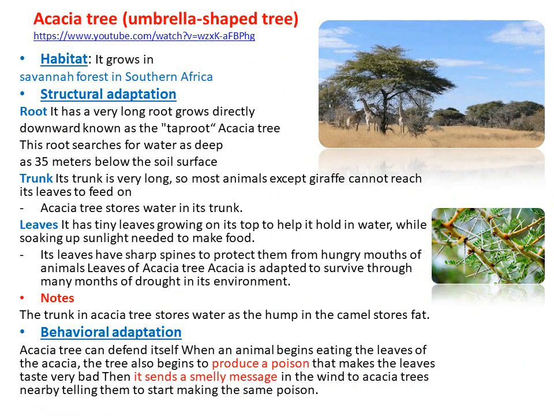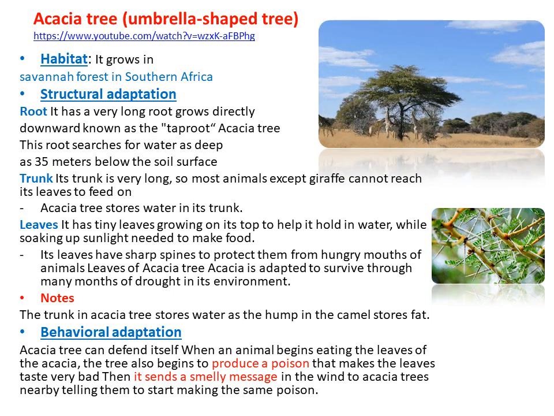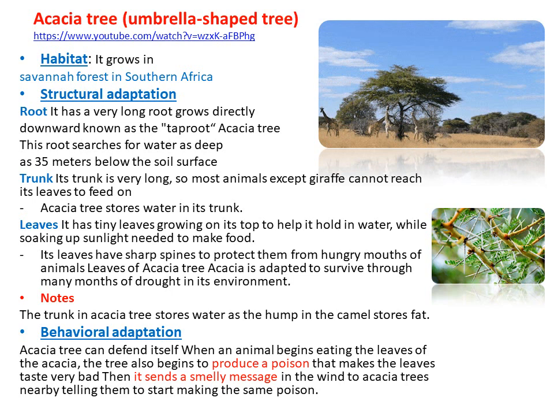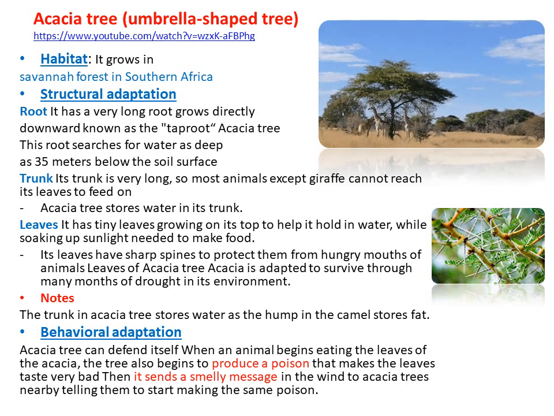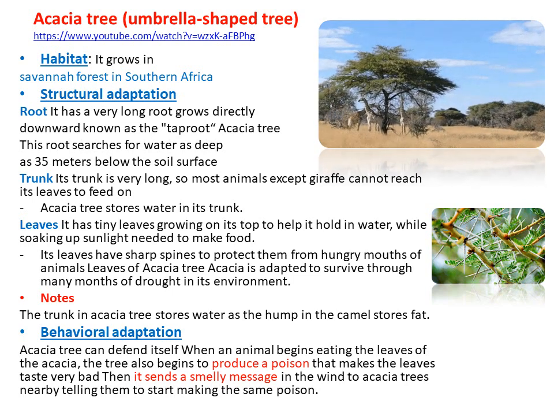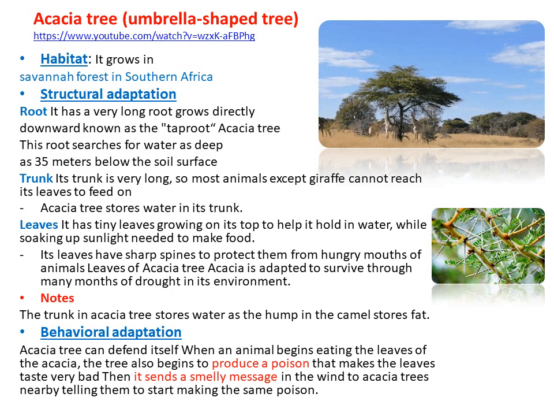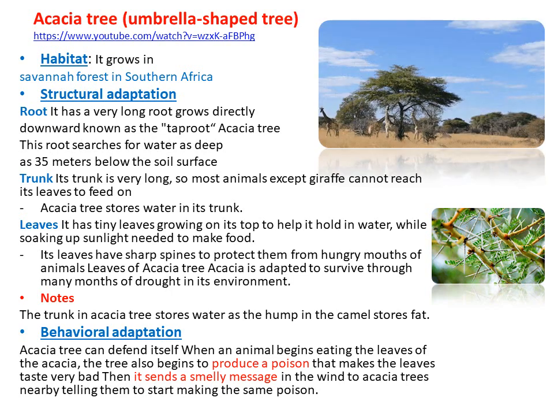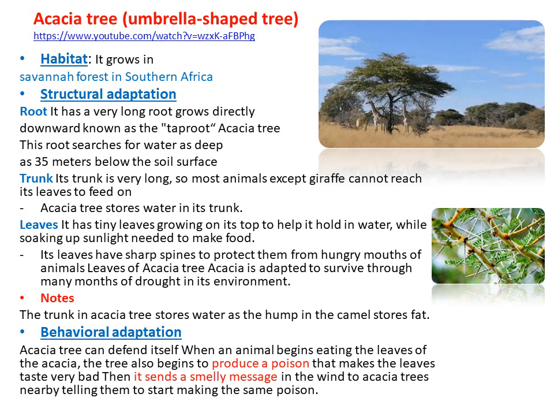Starting with the acacia tree. We'll start with the structural adaptation. So, as we said before, structural adaptation means a change in the body, but now for the plant, not the animal.